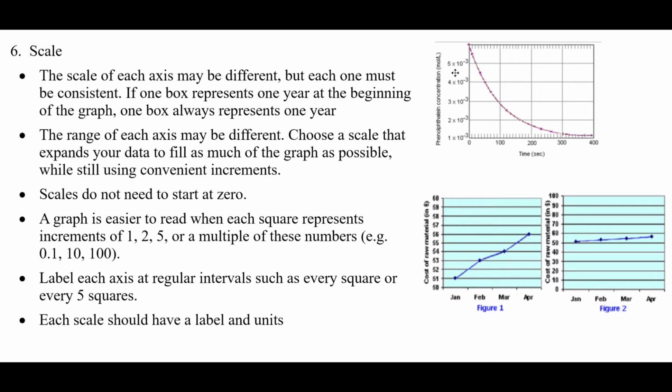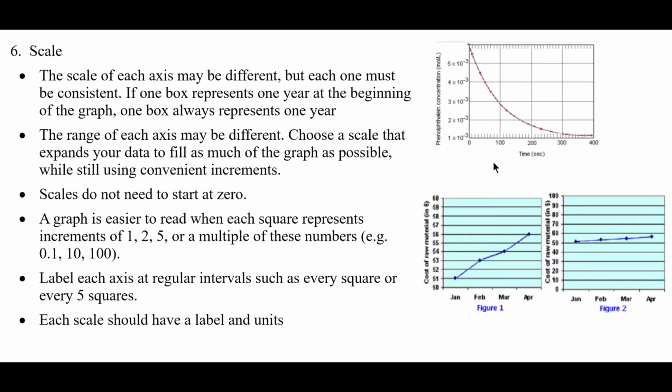So I've chosen a scale that spreads my data points across the whole graph. Similarly, I've done this here for the time in seconds. The scale doesn't go to 800 and my data stops at 400. I've stretched it out so that from 0 to 400, because that's where I have my data points, goes all the way across the bottom of the axes.